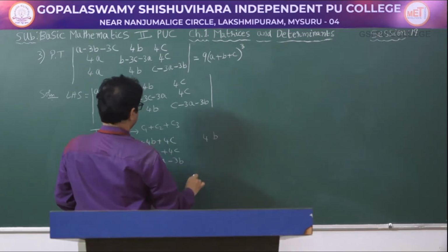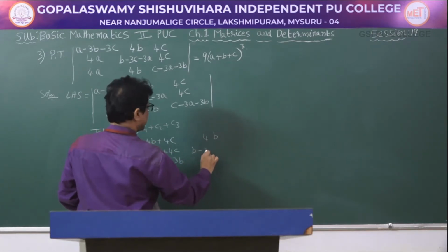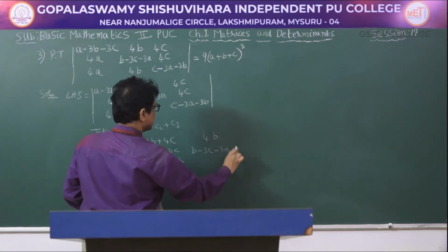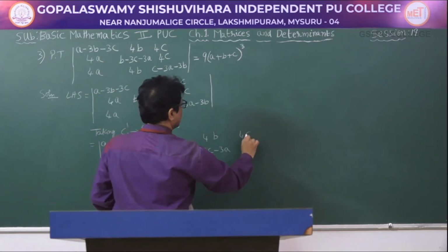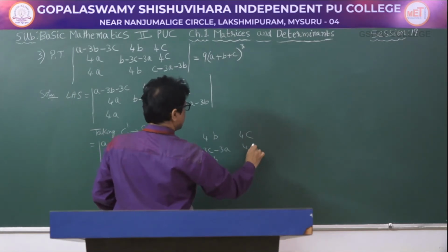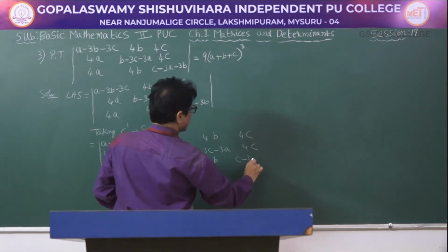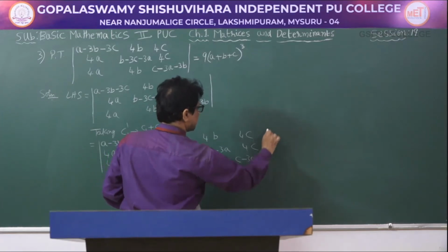Next column will be 4B, B minus 3C minus 3A, 4B. The next column will be 4C, 4C, C minus 3A minus 3B.